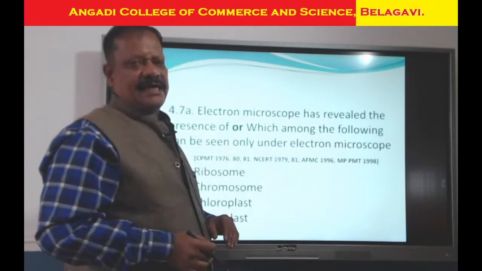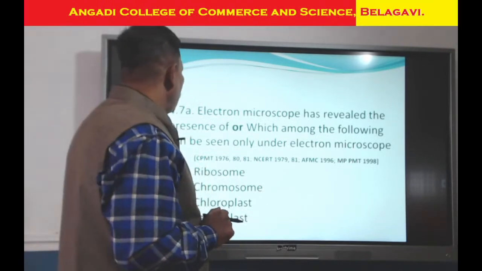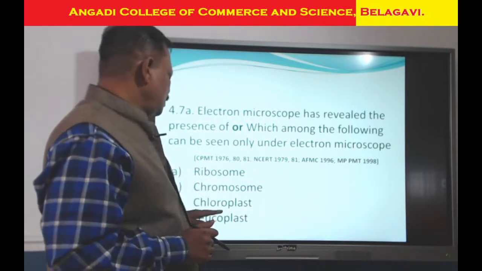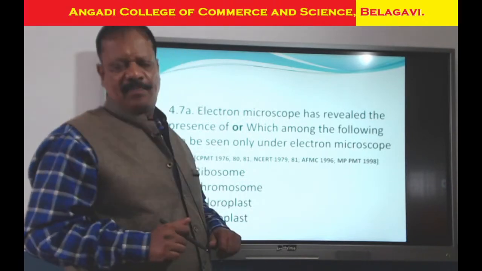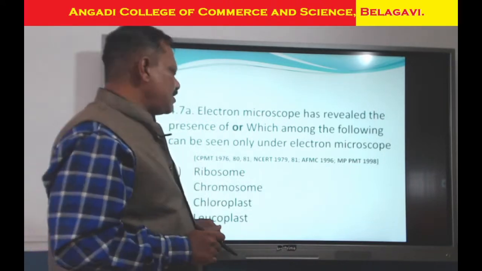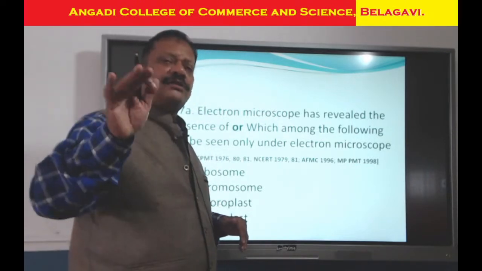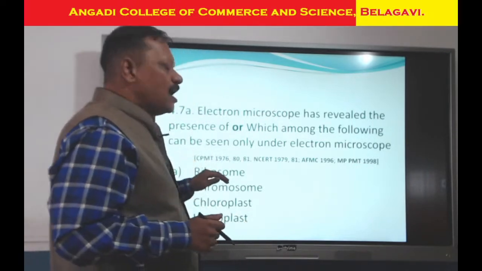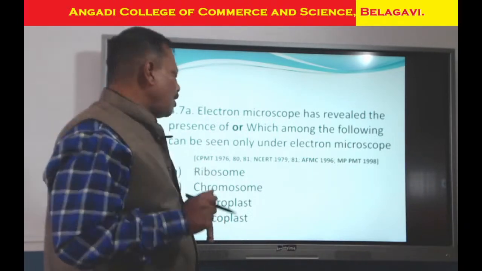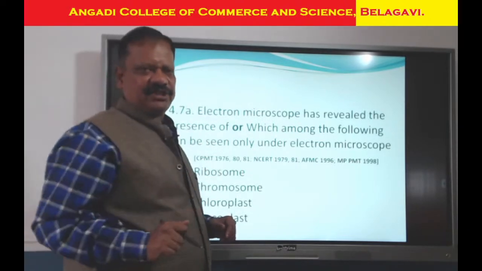The options are ribosome, chromosome, chloroplast, leucoplast. These are plastids, and we can see them under a compound microscope also. Chromosomes are also seen under a compound microscope, but ribosome we cannot see under a compound microscope. So option A, ribosome, is the right answer here.